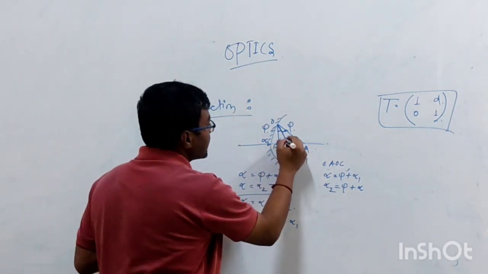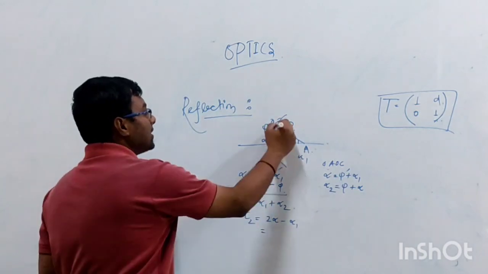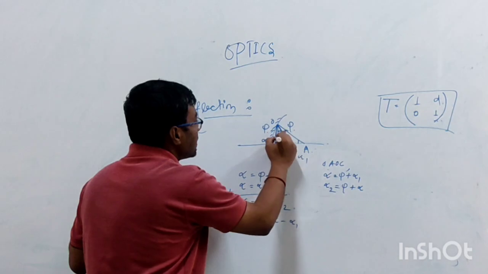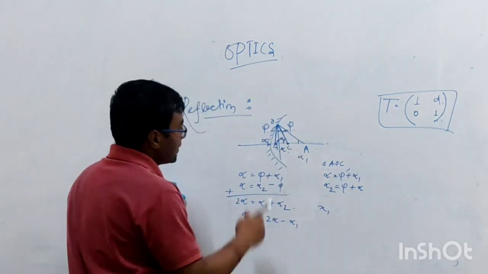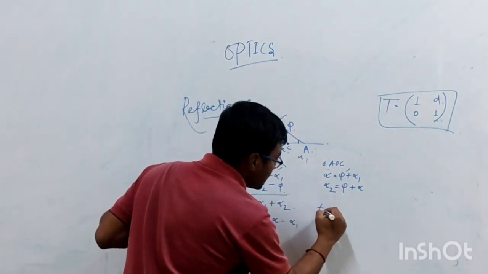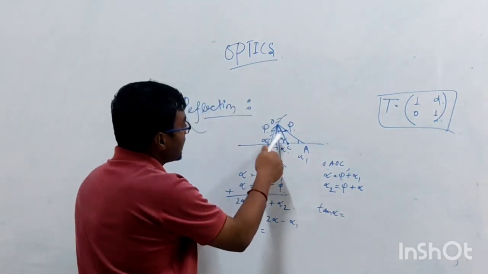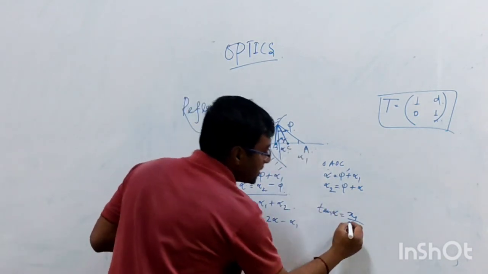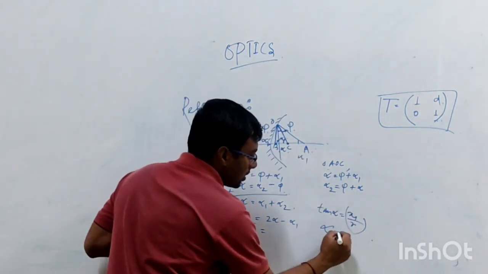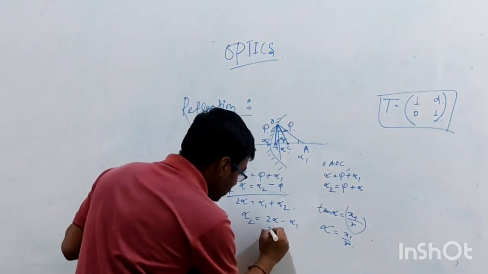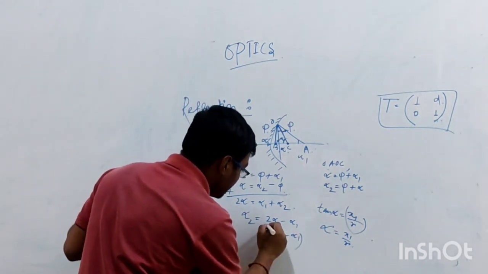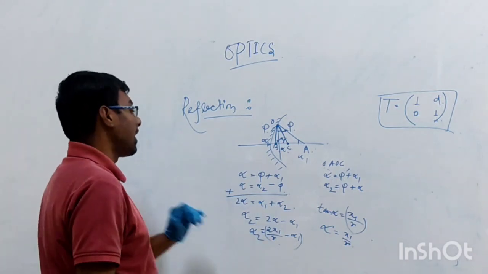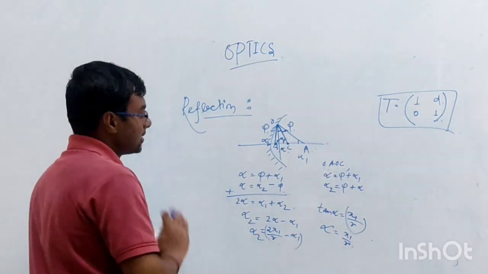And what is alpha? Alpha is the angle between the principal axis and the radius of curvature. So if the height of the ray is x1, then tan alpha equals x1 by the distance, meaning r. So alpha will be equal to x1 by r. So 2 times x1 by r minus alpha 1 will be alpha 2. And we know that for reflection there is no change of height between the incident ray and the reflected ray.